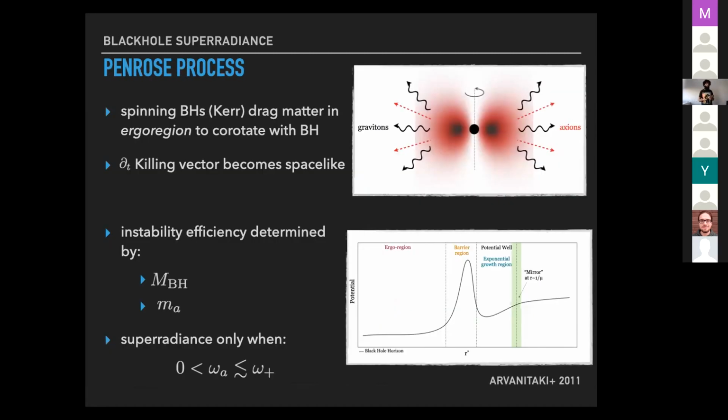So the phenomenon of superradiance in general from rotational bodies is a feature which can occur in systems that present a dissipating surface with a non-vanishing angular momentum component. So in the context of black holes, Penrose first postulated this.